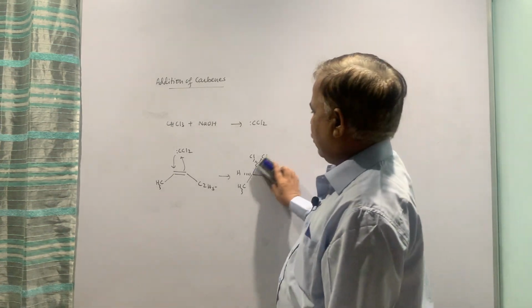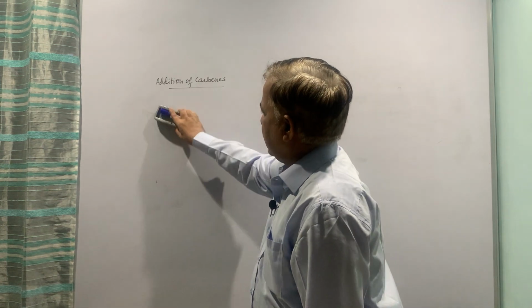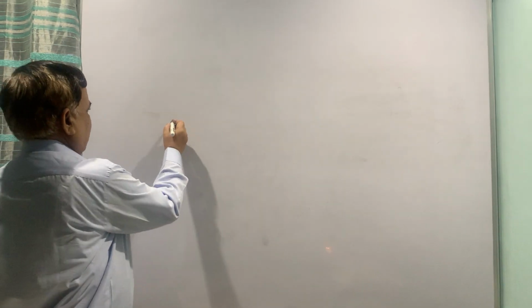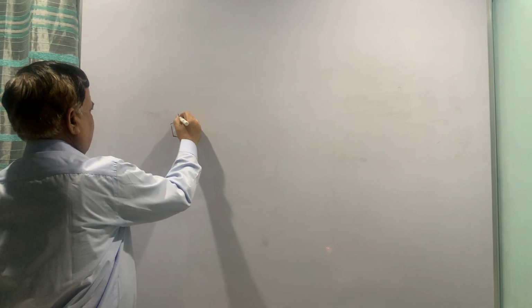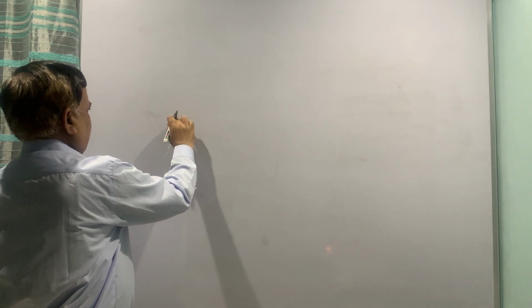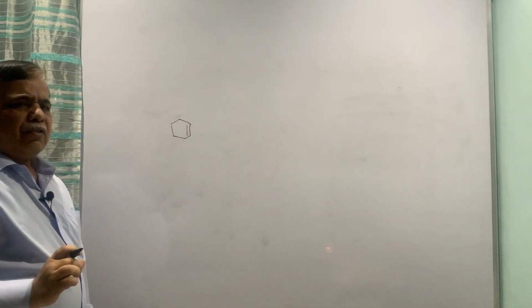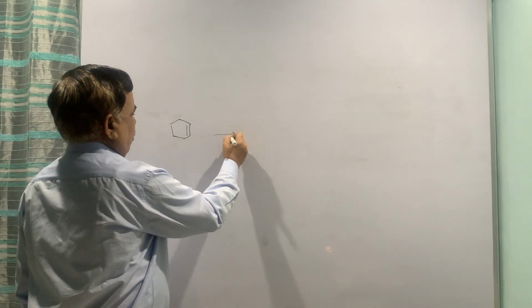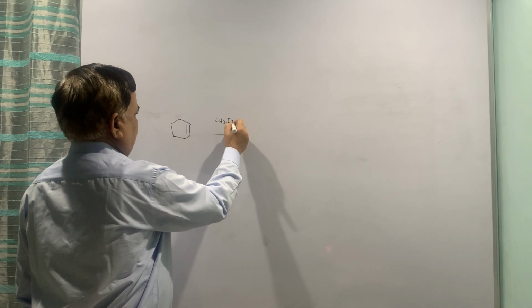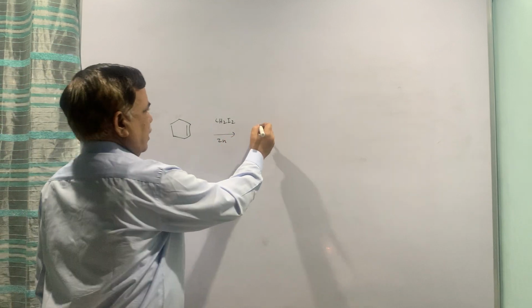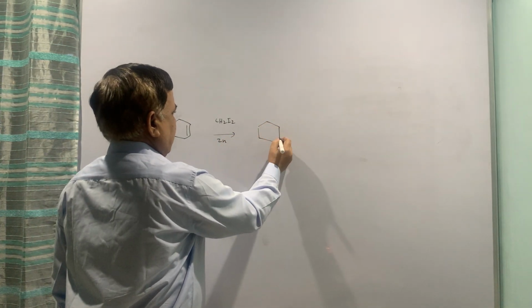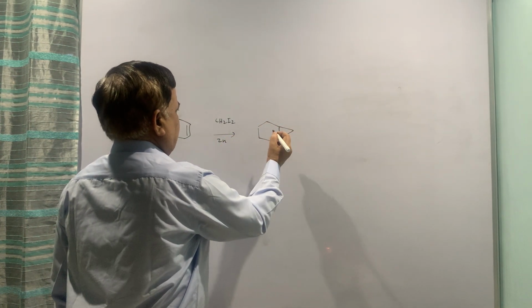Simmons-Smith reaction. We are going to that. So in the Simmons-Smith reaction we are using, I am putting some simple examples. We are working with cyclohexene, let us say, and now CH2I2 and zinc are there, and eventually the product is the cyclopropane ring.